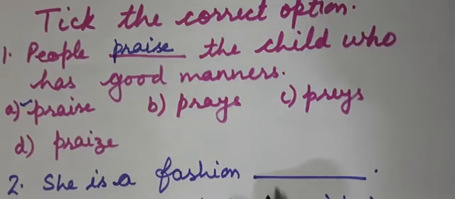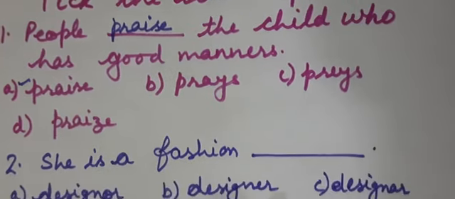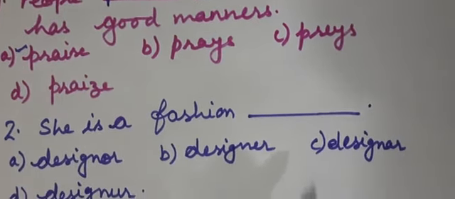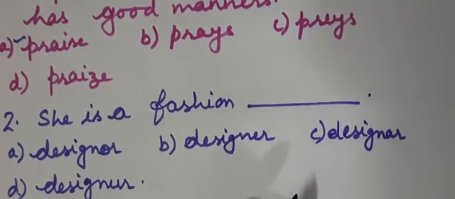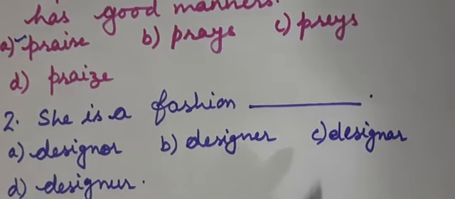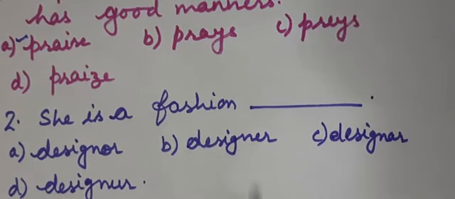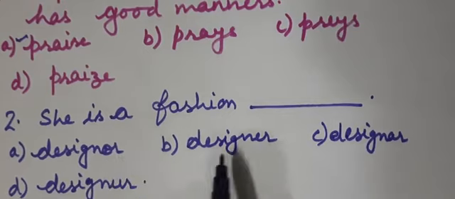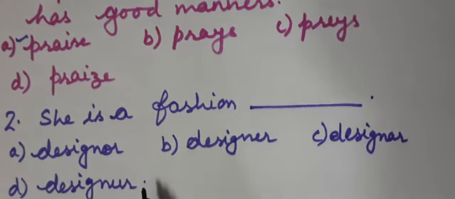She is a fashion dash. Now let me show you the options for the same. There are 4 options: designer, designer, designer, designer. So here there is one word, but the spelling is different.